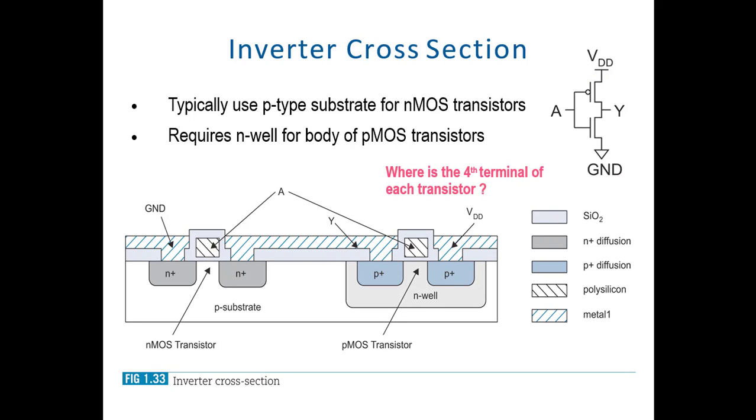Okay, so let's look at an inverter circuit in some more detail. As you know, this is the PMOS, this is the NMOS. Here you have your input, here you have your output.